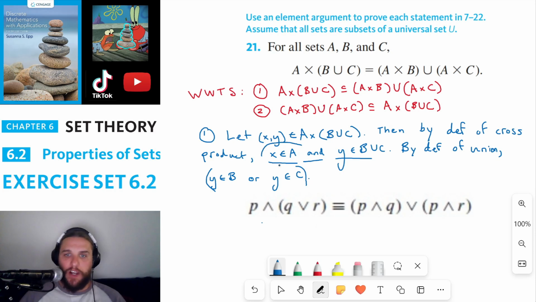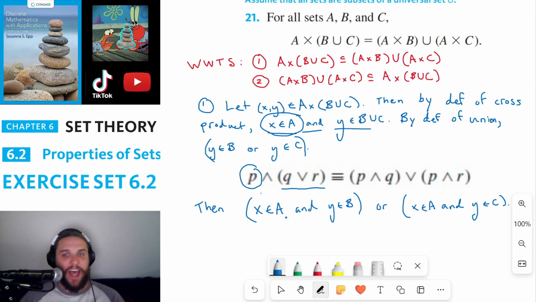If we consider X is an element of A as statement P, and Y is an element of B or Y is an element of C as the parentheses Q or R, then we can use the distributive law to say that X is an element of A and Y is an element of B, or X is an element of A and Y is an element of C. So this means that X is an element of A and Y is an element of B, or X is an element of A and Y is an element of C.